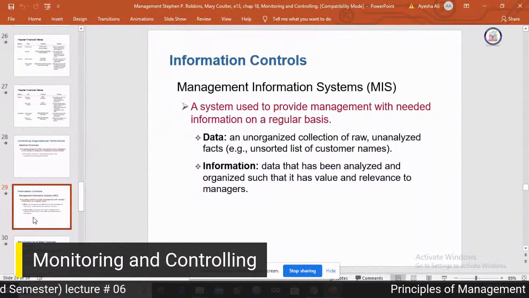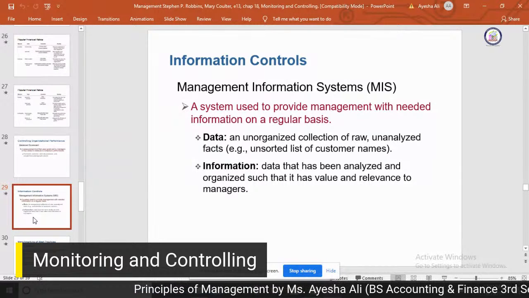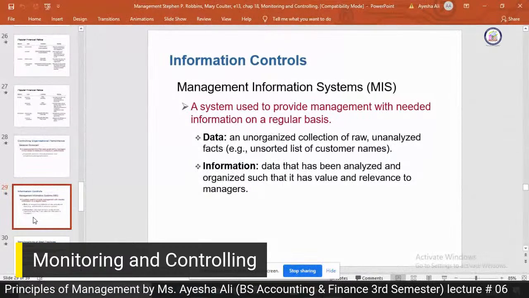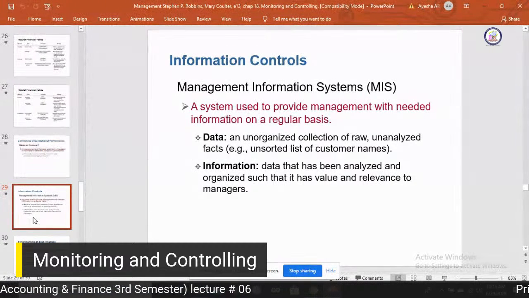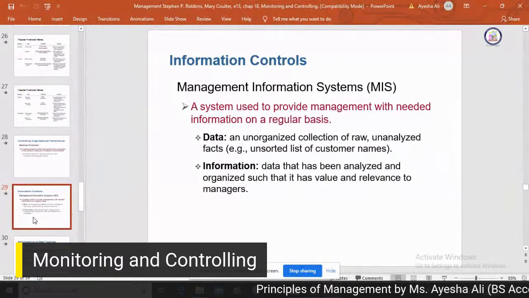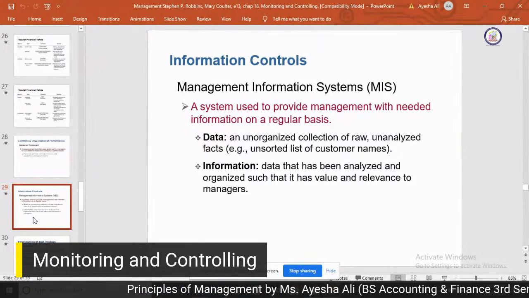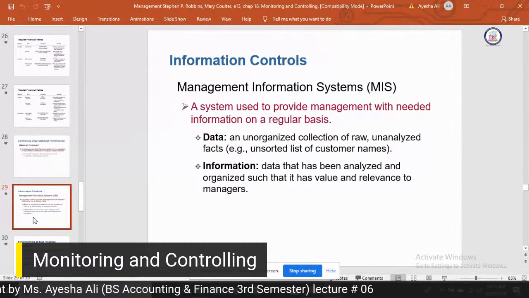Then we have information control in the management information system, in which we have data and information. Basically, we provide information on a regular basis to our subordinates, to our employees, sometimes to bosses, and sometimes we get it from bosses.